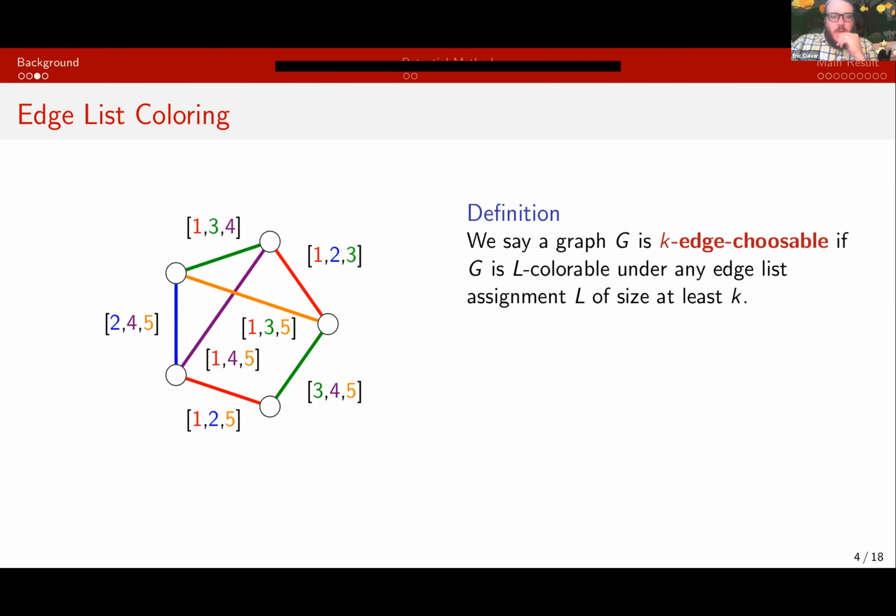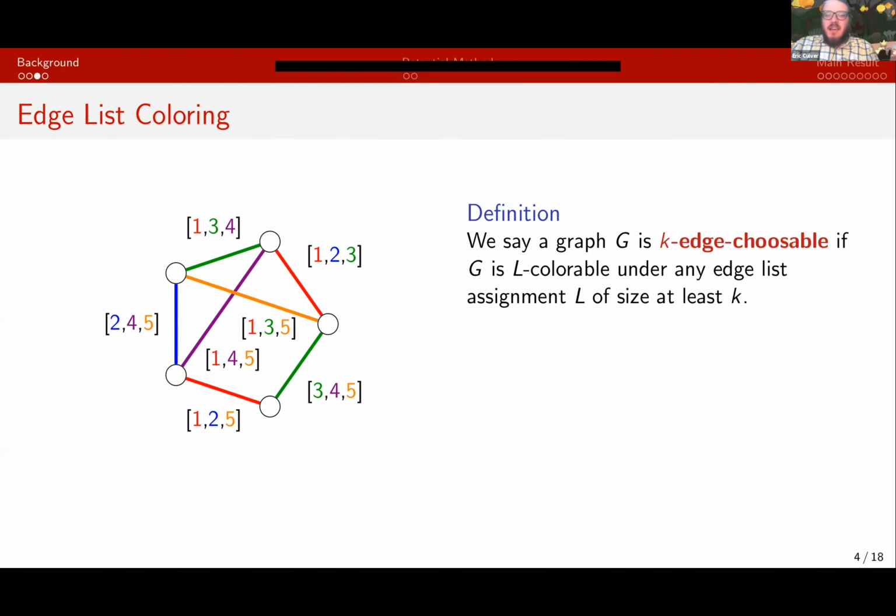And we say that a graph is k edge choosable if it's L colorable under any edge list assignment of size at least k. And this is kind of hard to check because there's lots of different edge list assignments that can be done. The number of colors is not restricted in this definition.